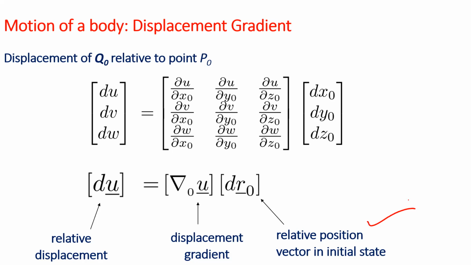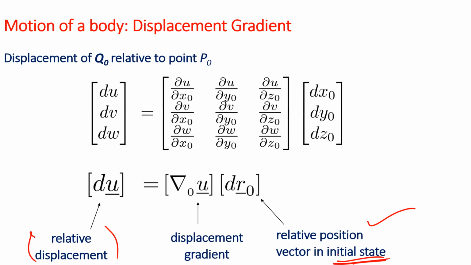So that is how the displacement gradient concept evolved, and hence it follows up with other concepts. So the literature has been built by trying to relate the relative displacement with respect to the relative position vector. Okay, because in the initial state, this is our reference.